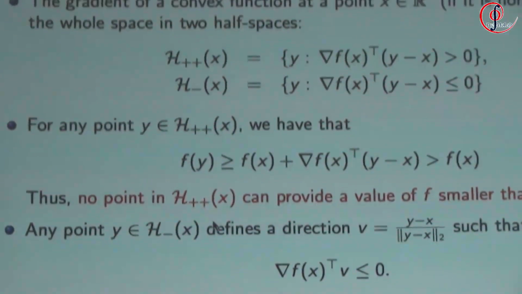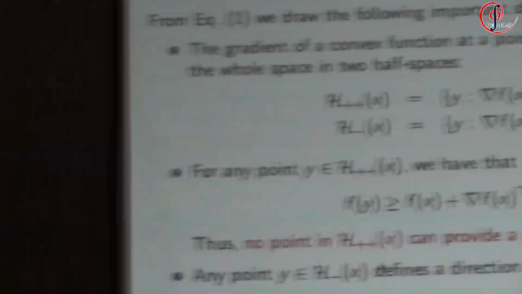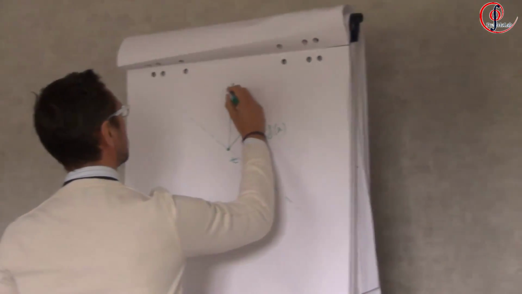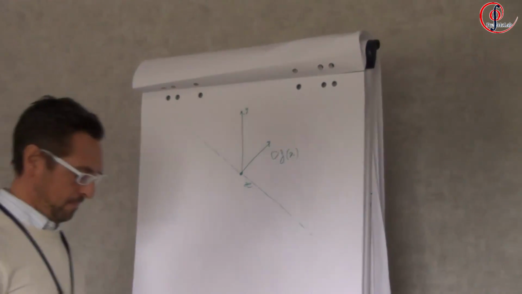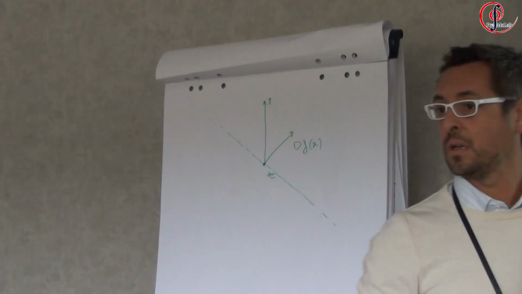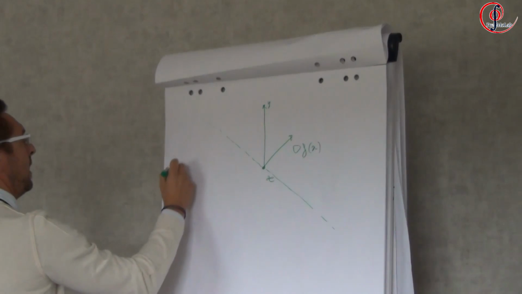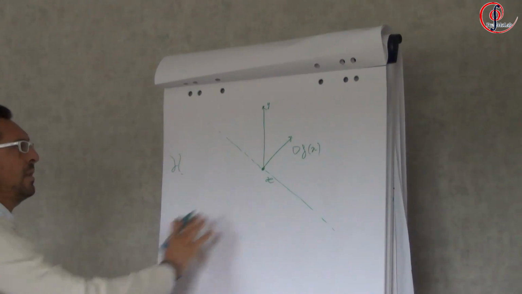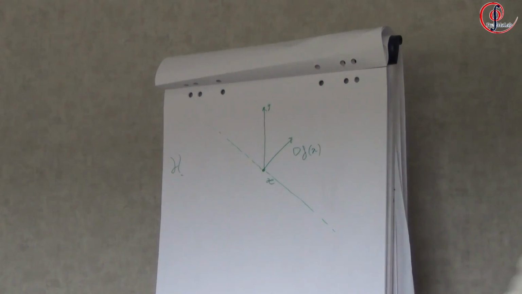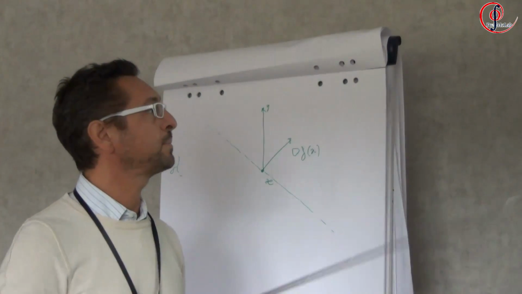H++ is the part of space of vectors or points y such that y minus x forms a positive inner product with the gradient. And the other half space, that I call H minus, is the set of points y that form a negative inner product with the gradient. So one point and the gradient, and we divide the space into half spaces.